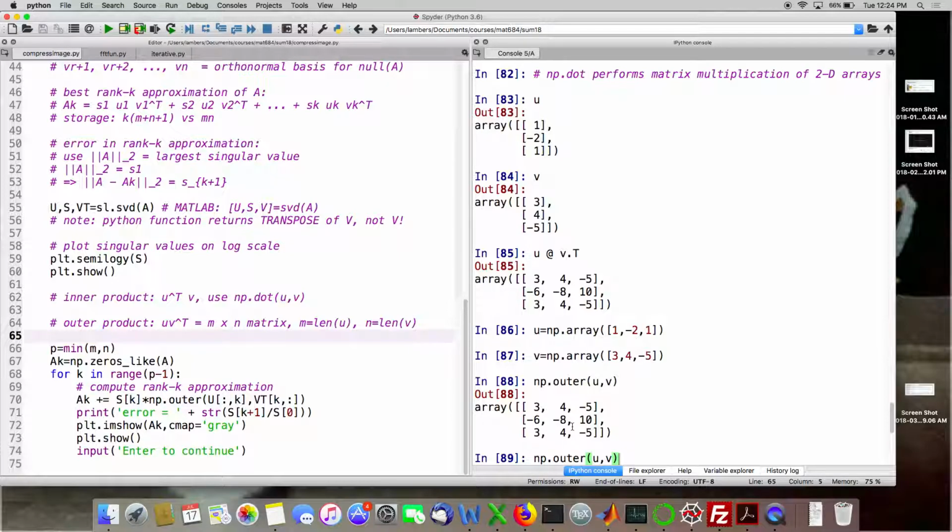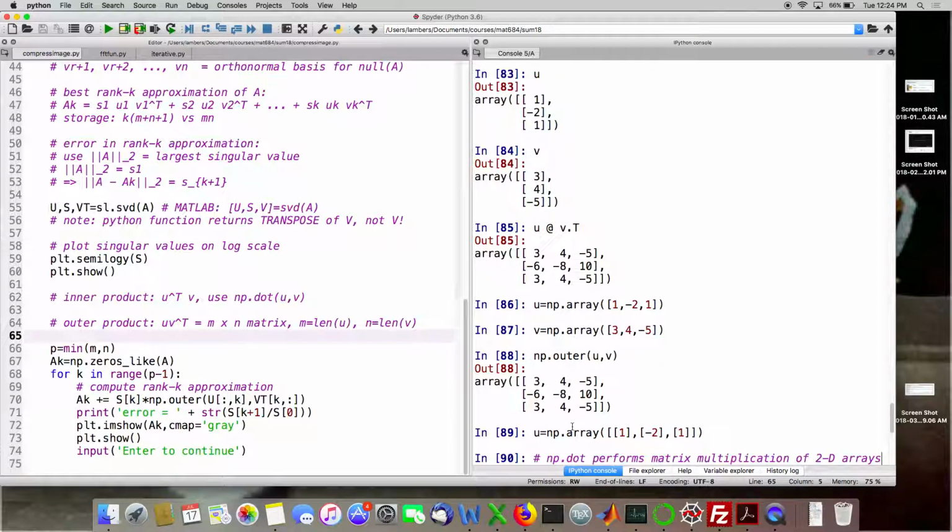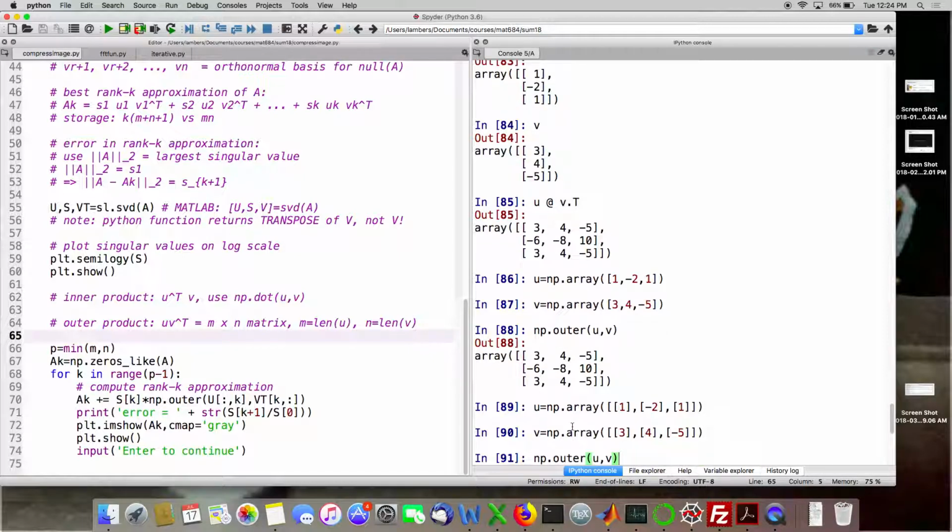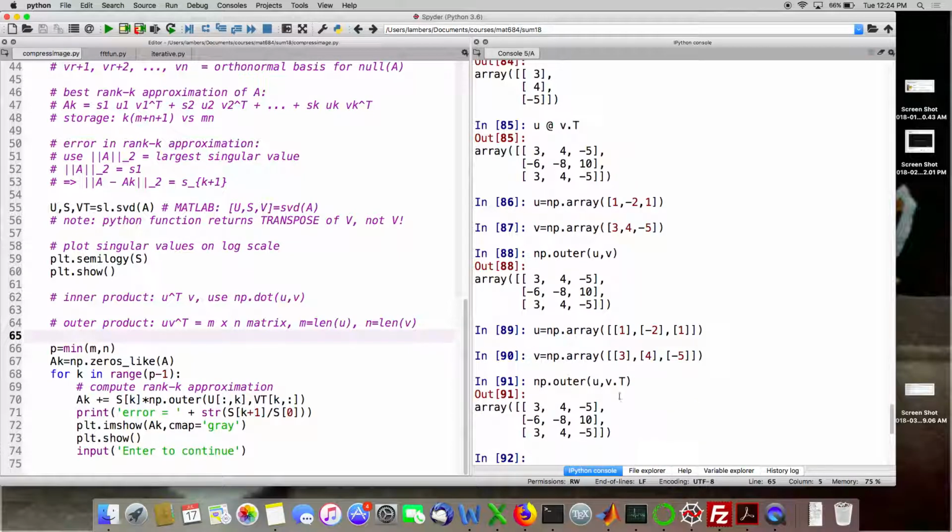Now, alternatively, if I do these as two-dimensional arrays that happen to be vectors and I want the outer product again, I cannot do outer of U and V, but I can do outer of U and V transpose, and that also will work, just like with the at sign.